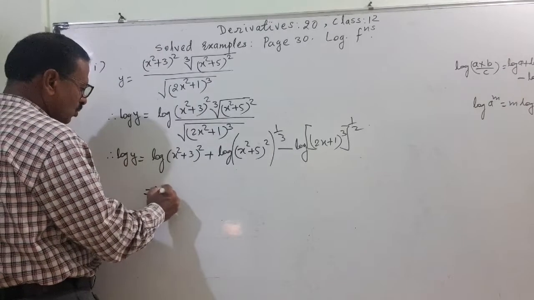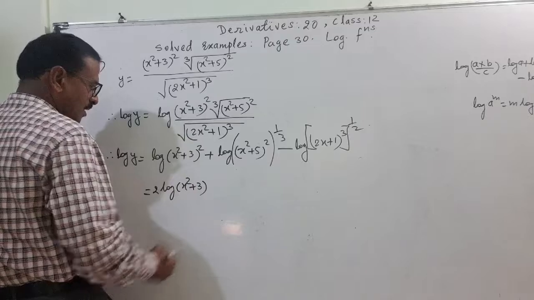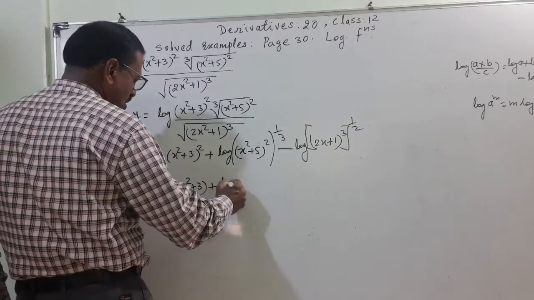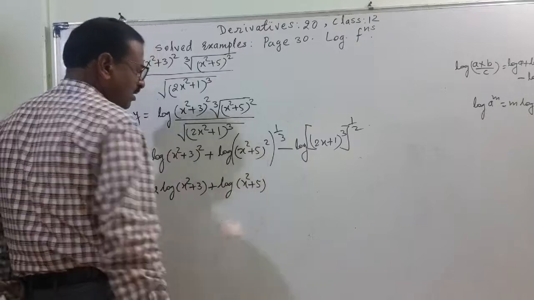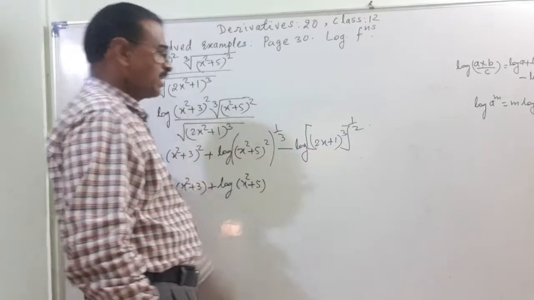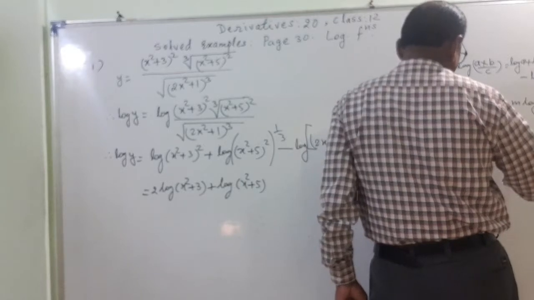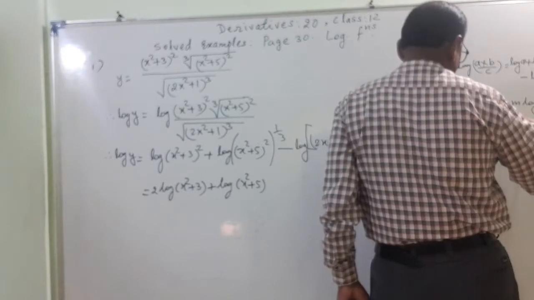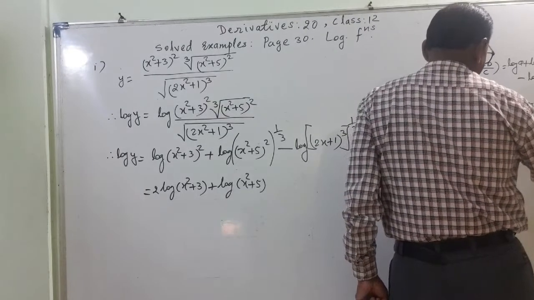This is 2 log of (x square plus 3) plus log of (x square plus 5) index raised to, index means multiplication of the indices, that we have seen in standard 6, a raised to m raised to n is nothing but a raised to mn.